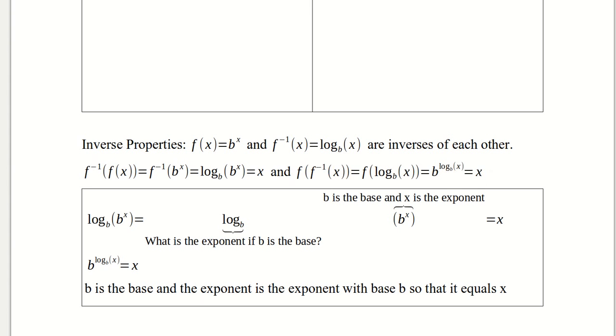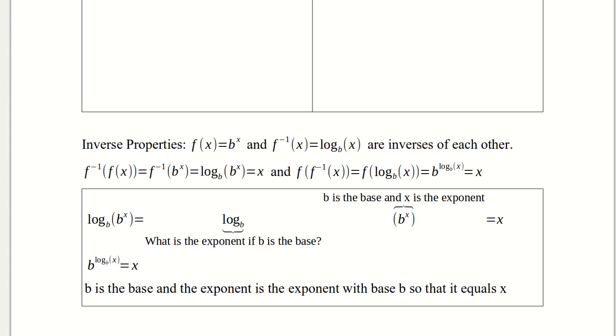Now, you can think of this verbally too. You can think of this expression, the log base b of x. Well, first off, that's the log base b. And the log base b is the exponent if b is the base. It says, tell me the exponent if b is the base. But then look at what we've got. We've got b to the log base b of x.